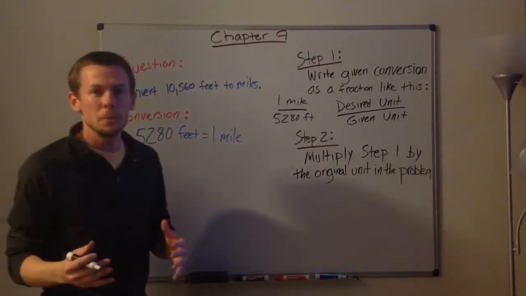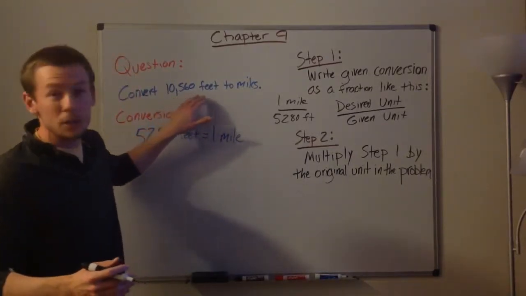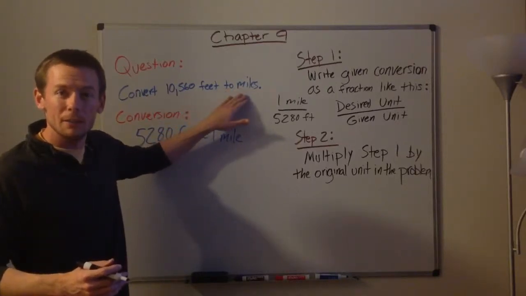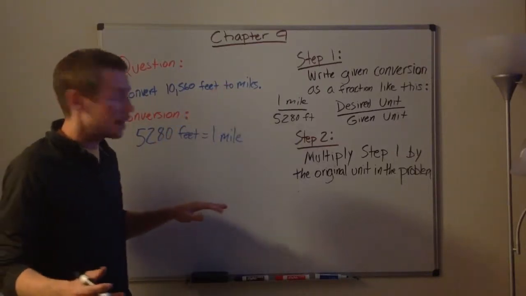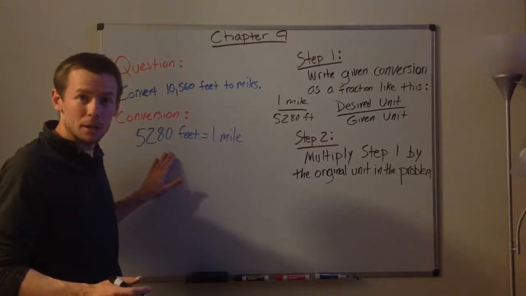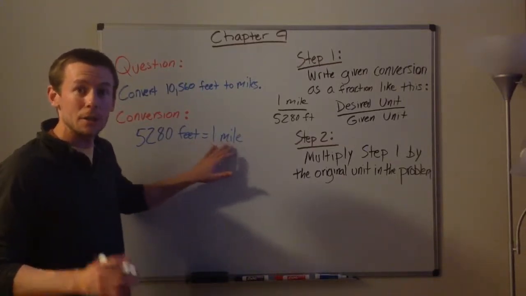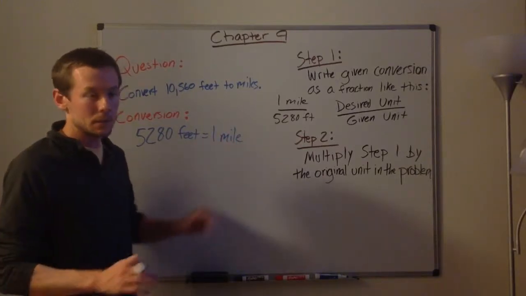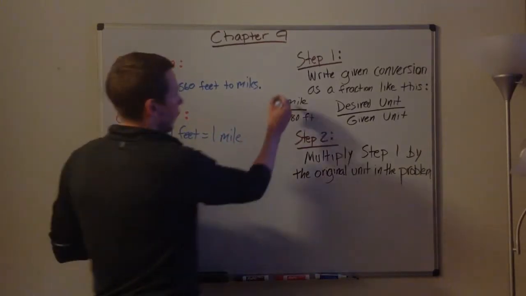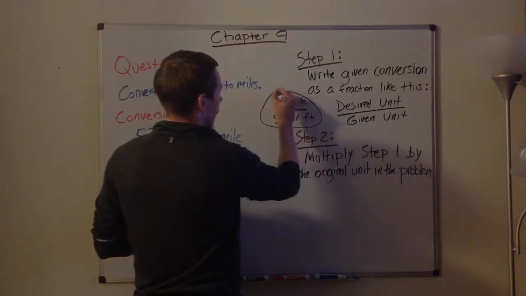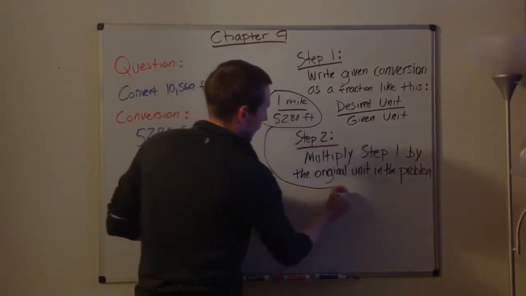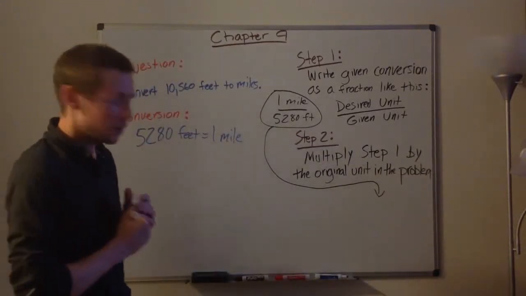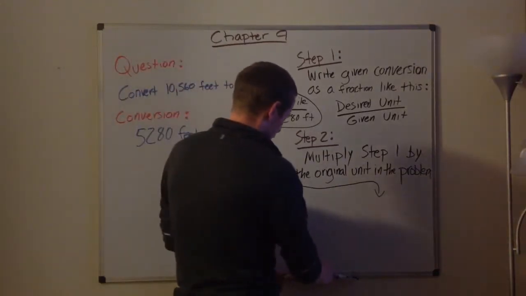Again, just to be clear, we need to look to the question first to find out what's our desired unit and what's our given unit. And then after that, we go to the conversion to write that as a fraction now that we know which is the desired unit and which is the given unit. Now I have the fraction written in the correct form.